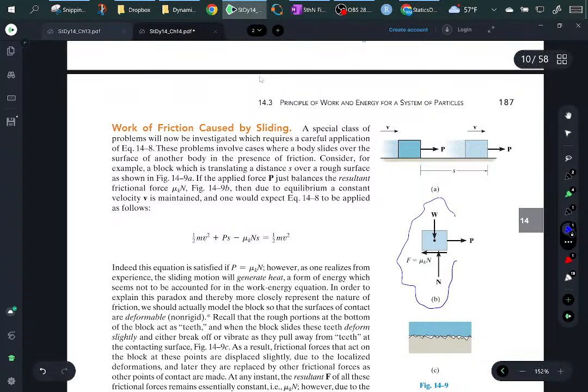Here's the unique thing about friction. Friction is not a conservative force. As you move this, all you're doing is changing the temperature of this area right here by creating friction. So energy is taken away from that system.